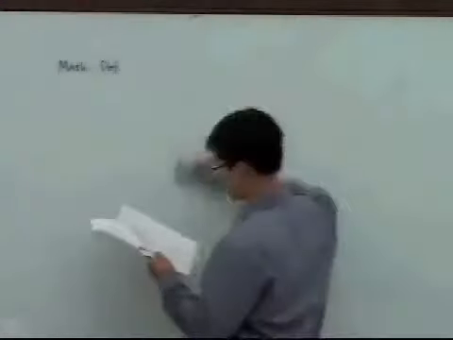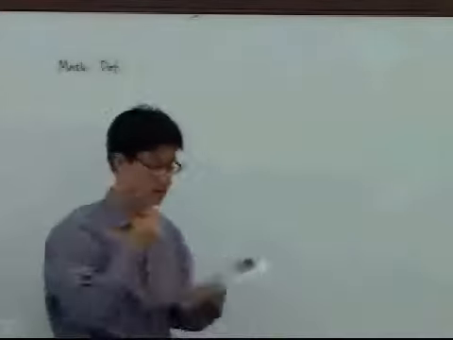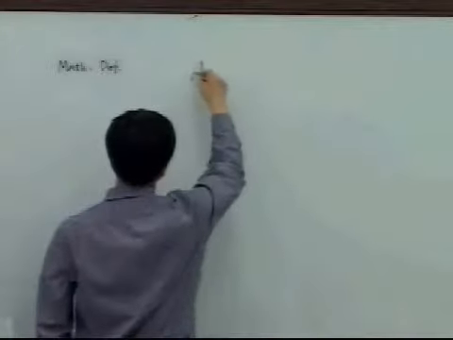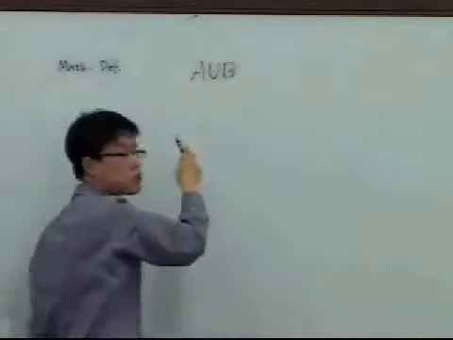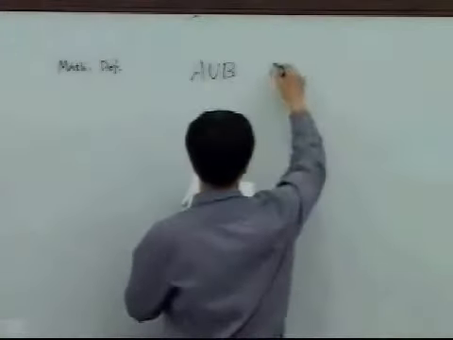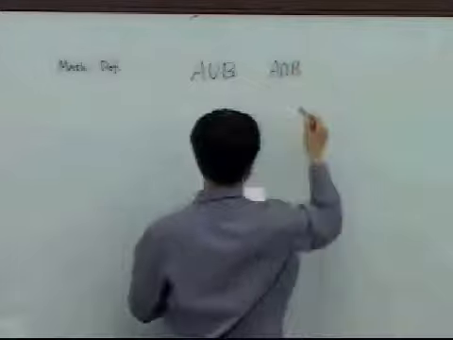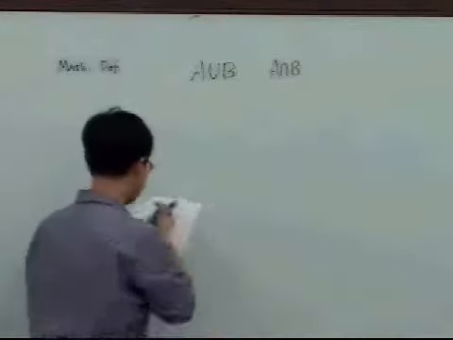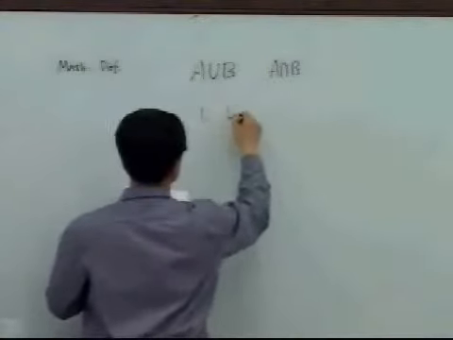This open set and closed set concept is very important. Okay? We call this A union B, and we call this A cap B or A intersection B. Okay.